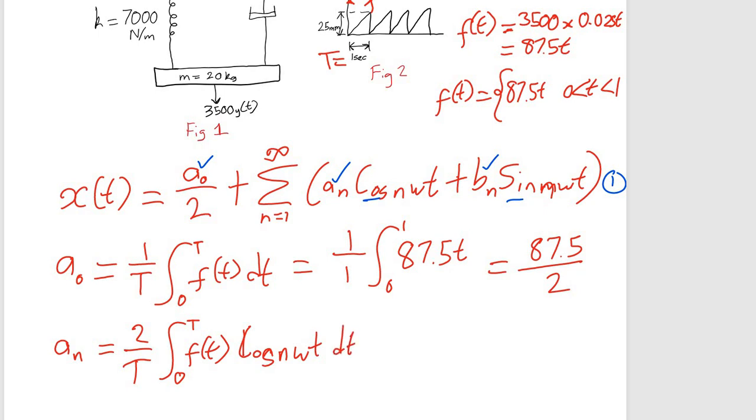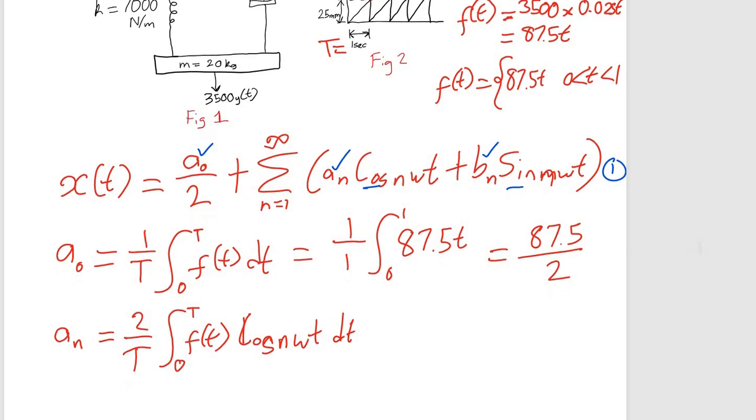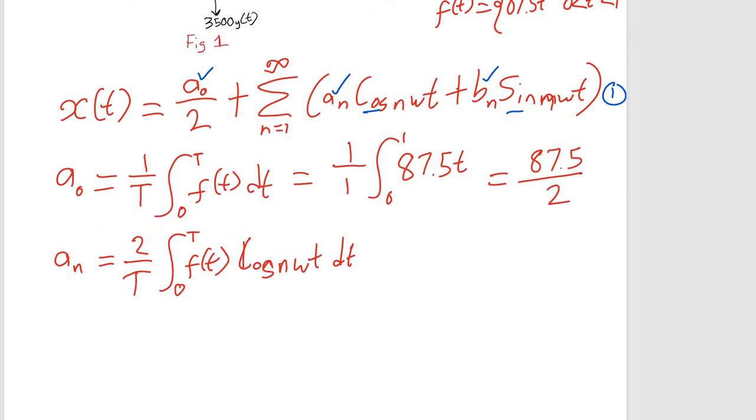If I further clean it up, that is going to be equal to 2 over 1 integral from 0 to 1 of 87.5 t cos n omega t dt.